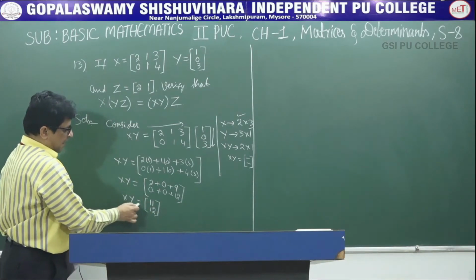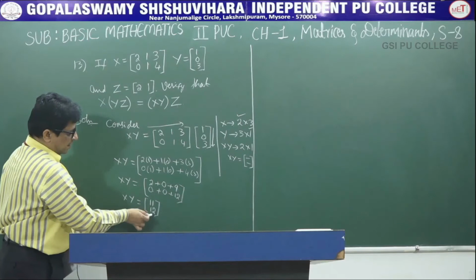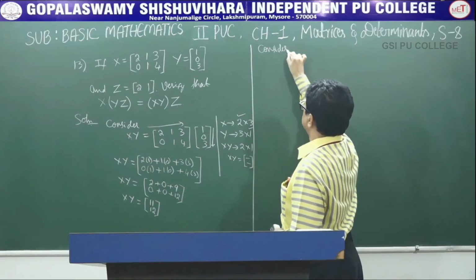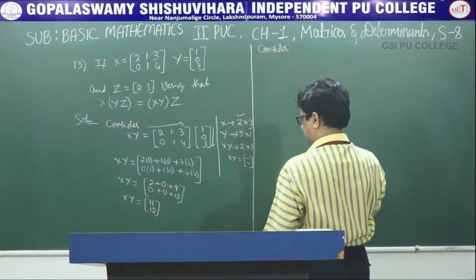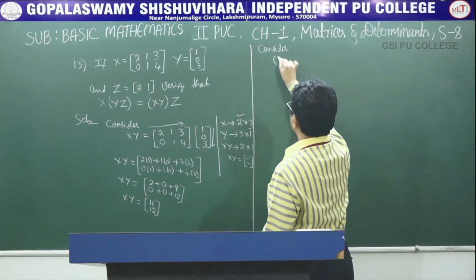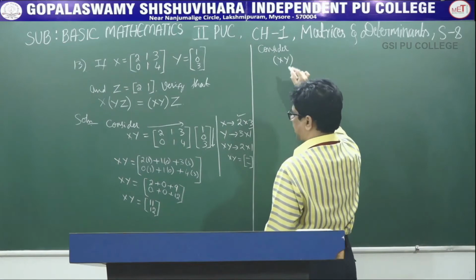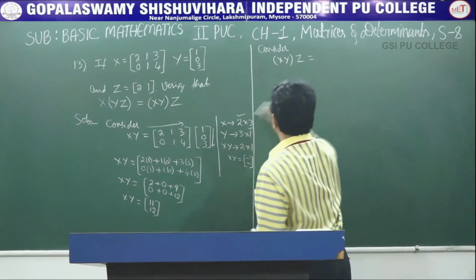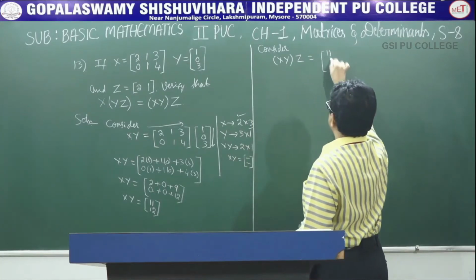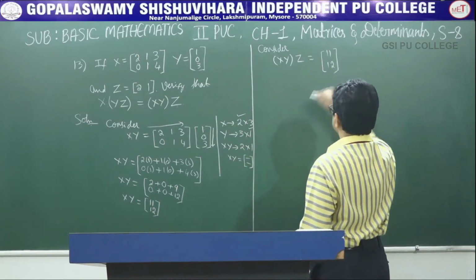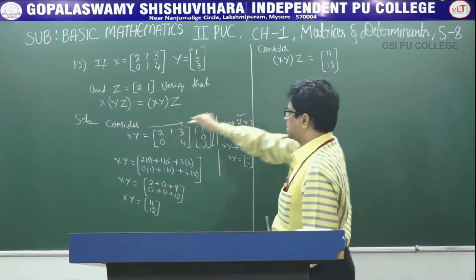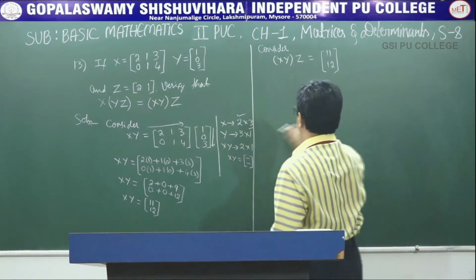So XY matrix will be equal to [11; 12]. Consider XY into Z. So matrix XY is [11; 12] and Z matrix is [2, 1].